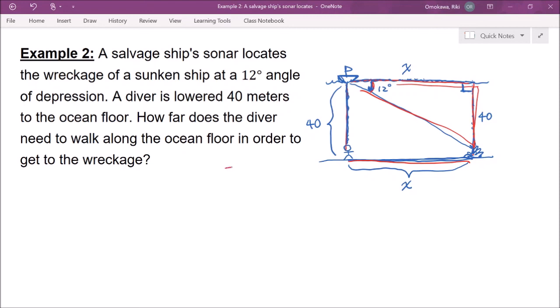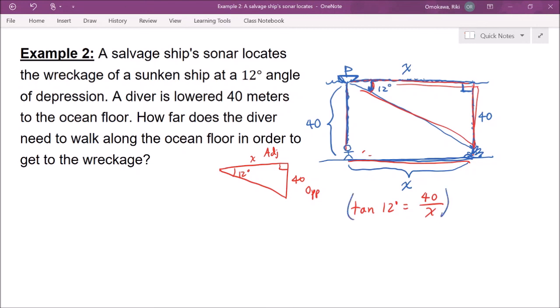If you draw it separately, we have 90 here, 12 here, x there, 40 here. Actually, again, it's tan. 40 is opposite, x is adjacent. And then tan of 12 degrees is 40 over x, opposite over adjacent.